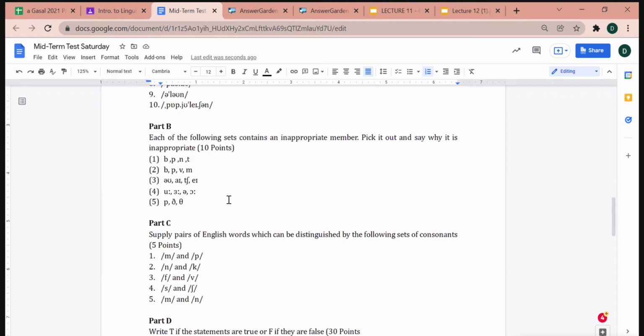Part B, each of the following sets contains an inappropriate member. So what I was asking is actually you need to distinguish one member that is different from others. Jadi yang diminta hanya satu anggota saja ya. An inappropriate member. Singular, right?